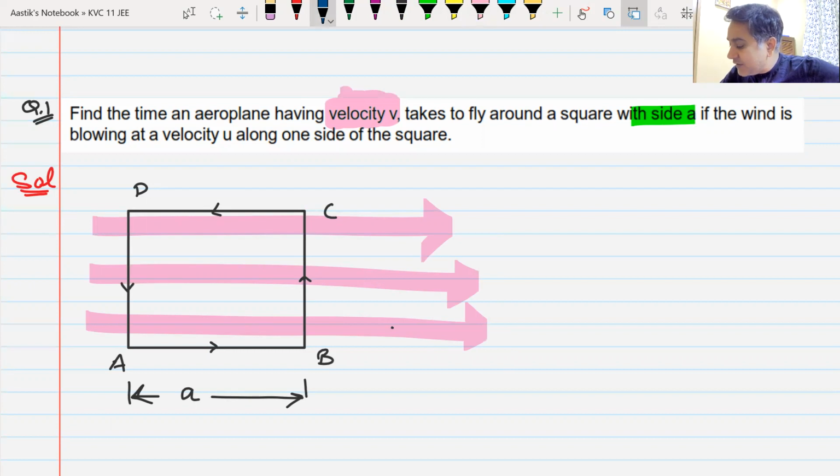The velocity of the wind is given as u. And this plane can fly with an airspeed of v. How long will it take to go from A to B, B to C, C to D, and D to A? So this comprises everything that we have done so far.